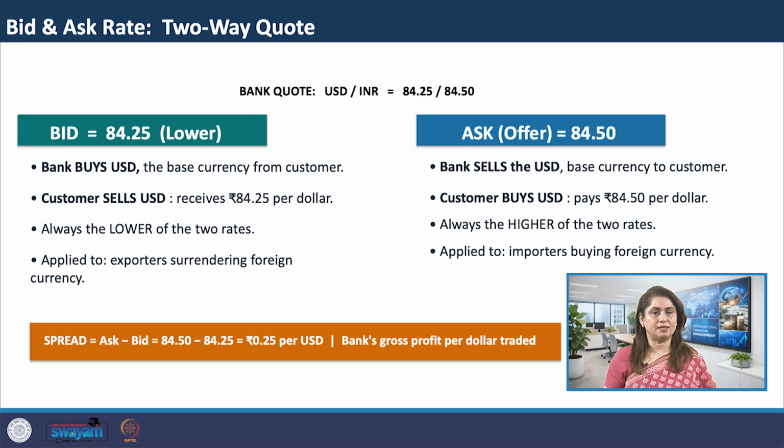The ask rate here is 84.50. This is the right number, always the higher one. What does it mean? The bank will sell USD at 84.50 rupees per dollar. If you are a customer wanting to buy US dollars, you are paying rupees to receive dollars.